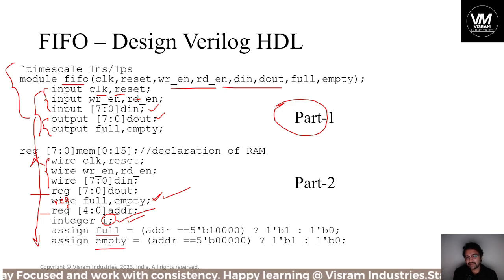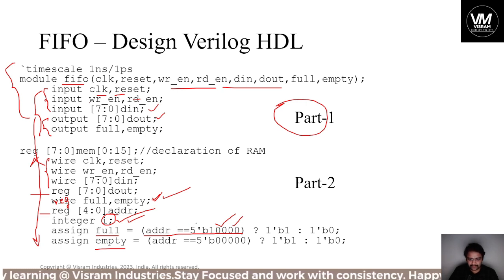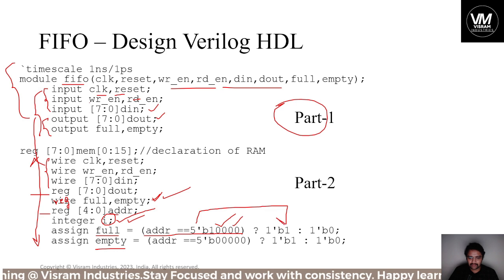When will the full and empty flags be enabled? For the full flag, the address can be 5-bit binary 10000 at that peak location. For that address location, you will be getting full equal to 1.